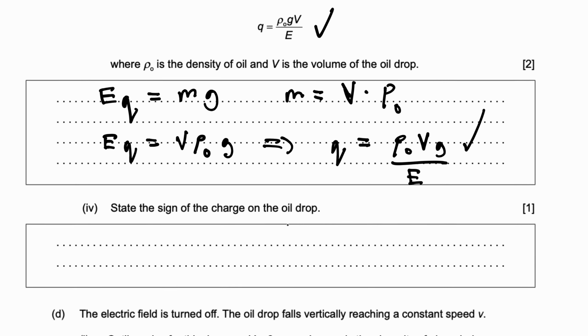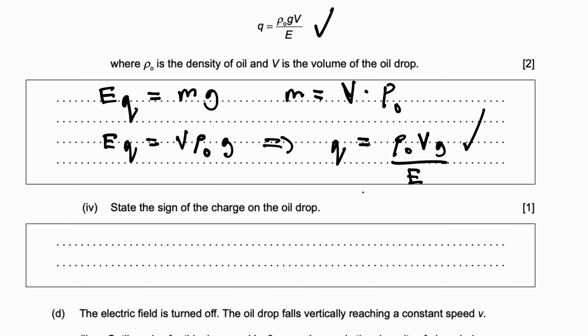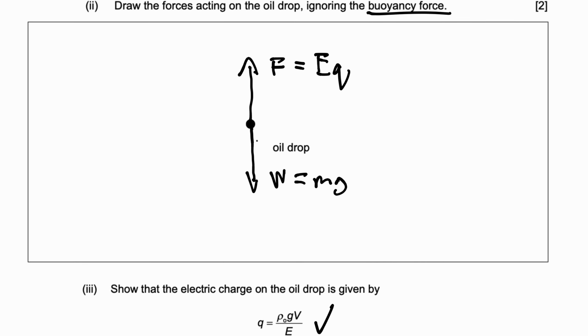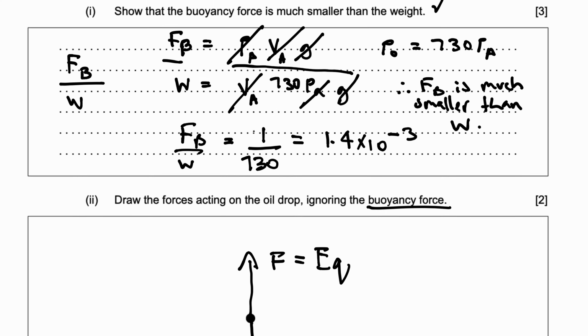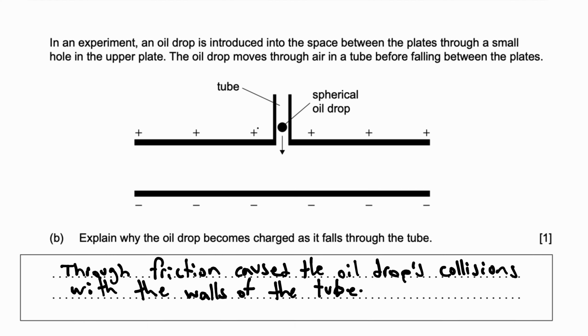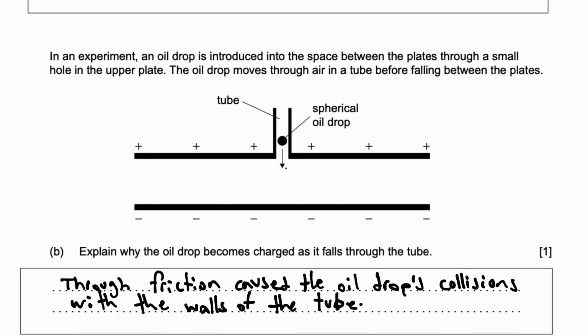Okay, state the sign of the charge on the oil drop. I know that this oil drop is negative. Why is it negative? Let's take a look. We know that there's an electric force acting upwards on this oil drop. This is a good diagram to show the oil drop. Suppose the oil drop is right there and there's an electric force upwards. What does this tell us?